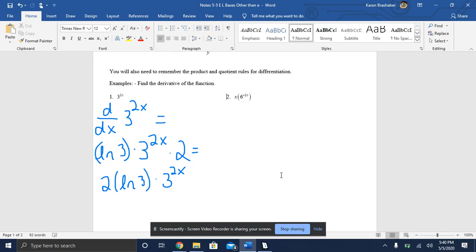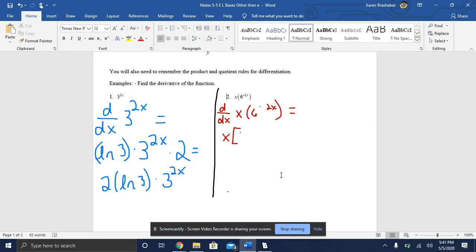All right, then your second problem is x times 6 to the negative 2x. And I tried to emphasize times because you're going to need to do the product rule. So we will start this off doing first times the derivative of the second.